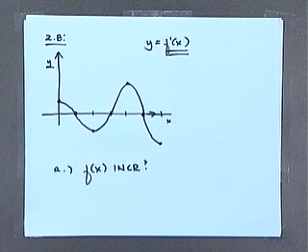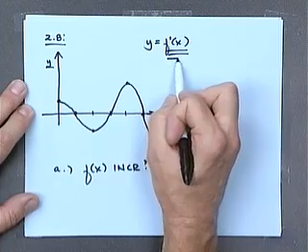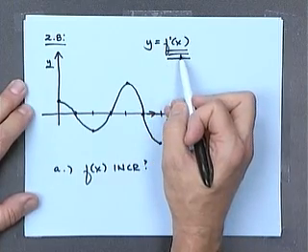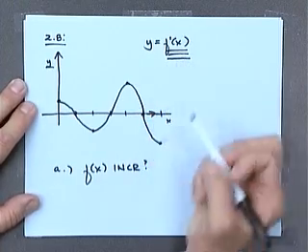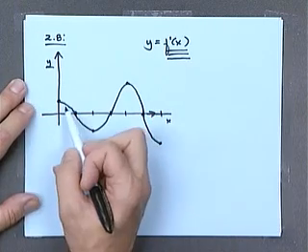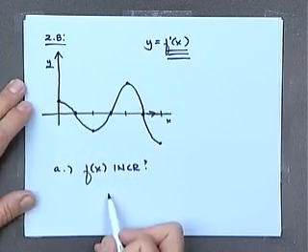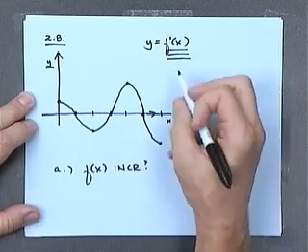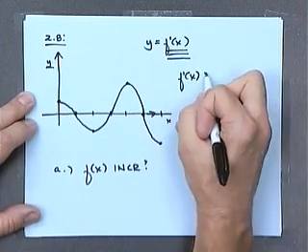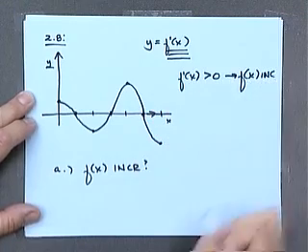All right, let's answer that. How many pieces are there to this question? There's a lot of parts. Okay. So remember, this graph is f prime. And the question we're trying to answer is when is f increasing? So what do we want to pick off of this graph to answer this question? When it's positive. When the derivative is positive, that means that the function is increasing.